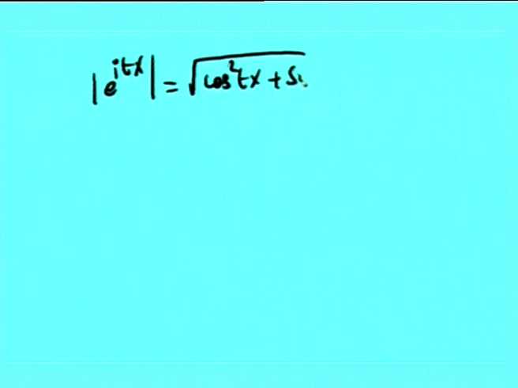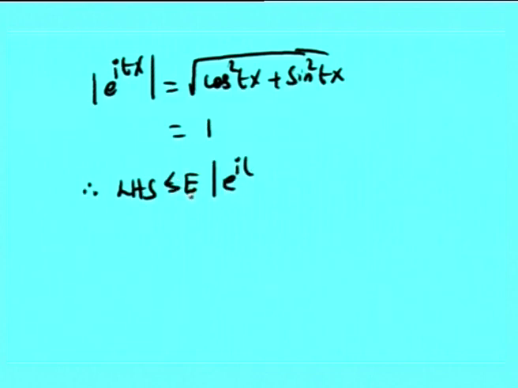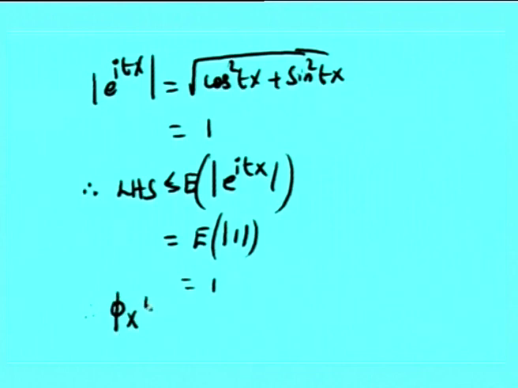So, modulus of e power itx will be equal to root of cos square tx plus sin square tx, which is root 1, which is 1. Therefore, the right hand side is expectation of 1, which is equal to 1. Therefore, we have modulus of pi x of t is less than or equal to 1.